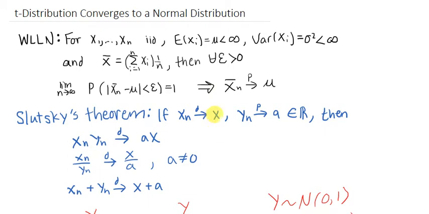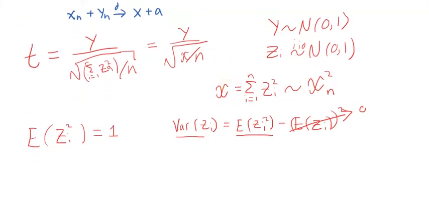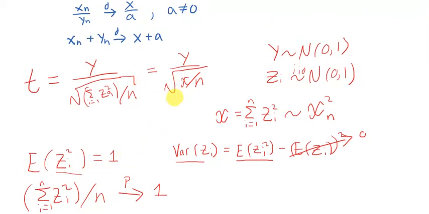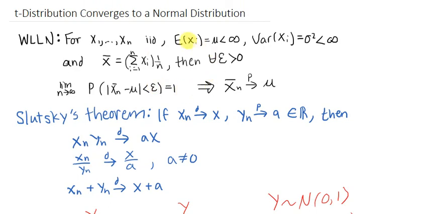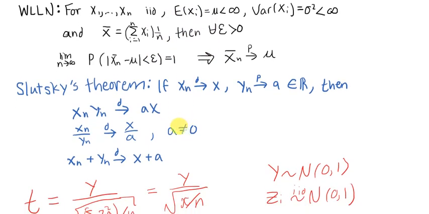Then the mean of the Zi squares, the sum from i equals 1 to n of Zi squared, divided by n, is going to converge in probability to 1, because again, Zi squared is considered the random variable, not just Zi. That's the weak law of large numbers. Take a minute to think about it if that went a little fast for you.